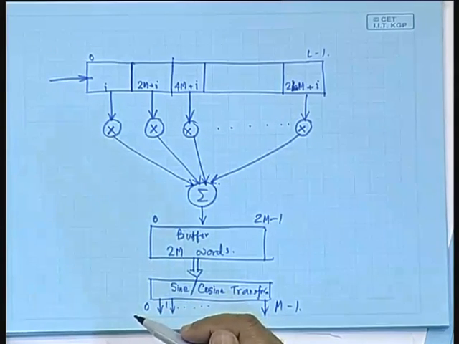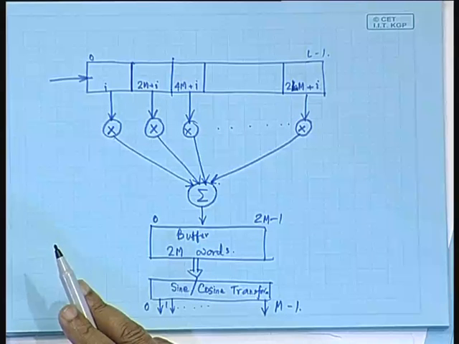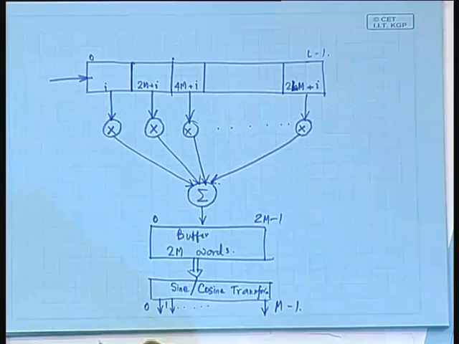So, the same thing, what we had written down in the form of the equation, this is just an implementation of this, and this implementation basically involves modulating the center frequency of the filter by an amount of pi by 2m, or the odd multiples of pi by 2m.